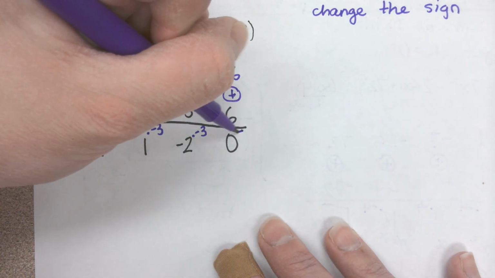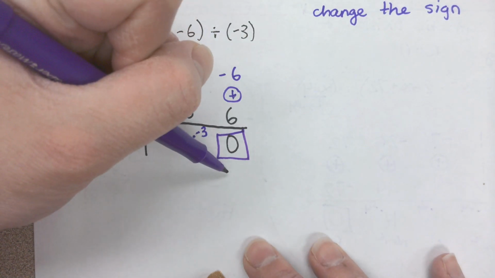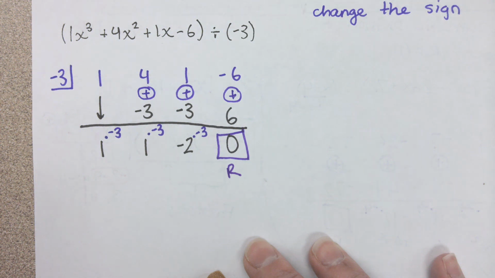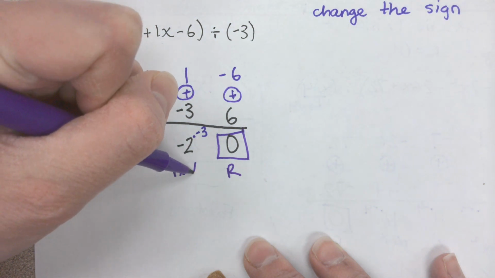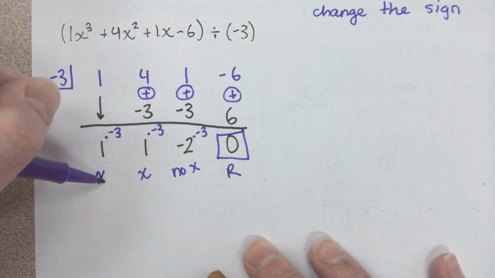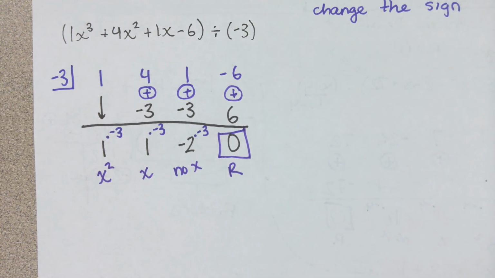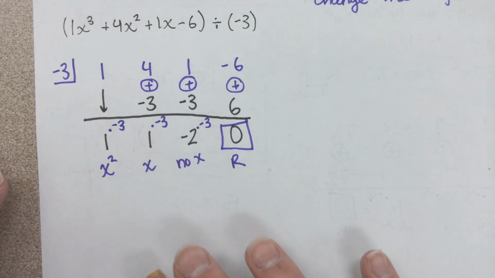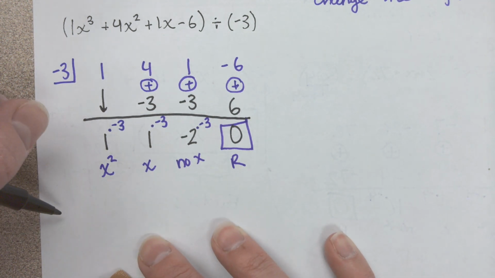Now we assign place value. 0 is the remainder. -2 gets no x. 1 gets an x, and the next one gets an x squared. Then we write the dp.